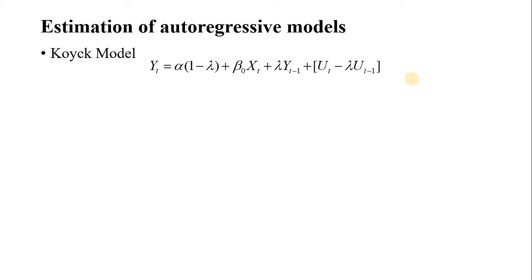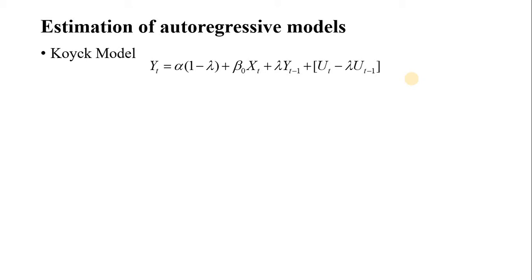Similarly, this yt minus 1 is nothing but the lagged dependent variable. So the lagged dependent variable is appearing as an additional explanatory variable, and the error term is also a combination of different variables: ut minus lambda ut minus 1.